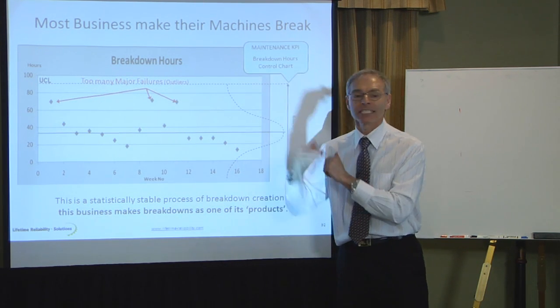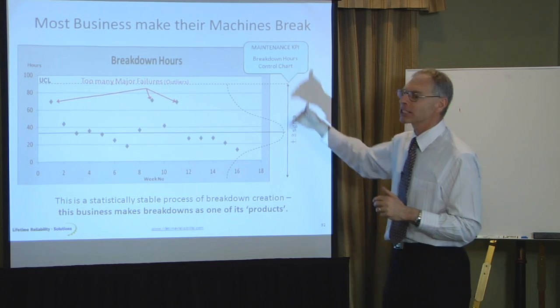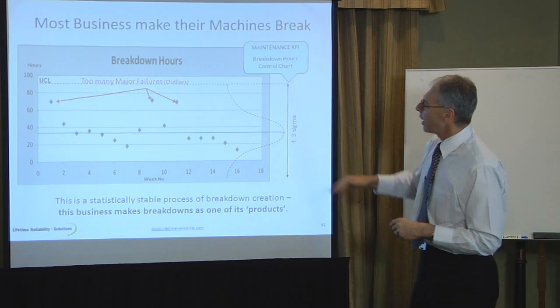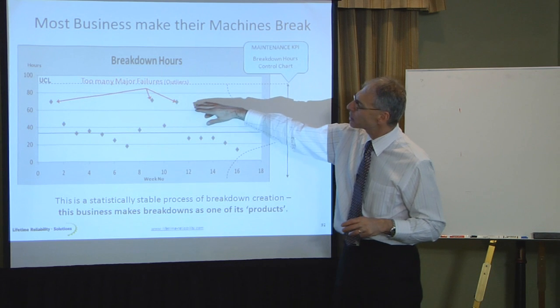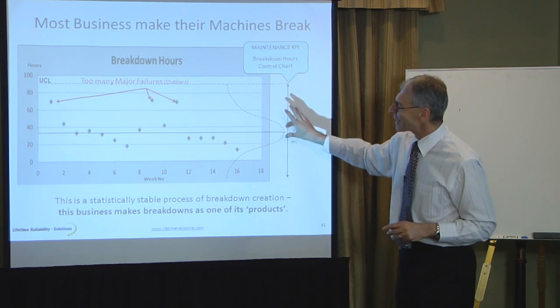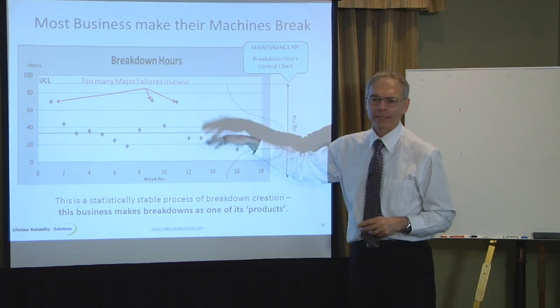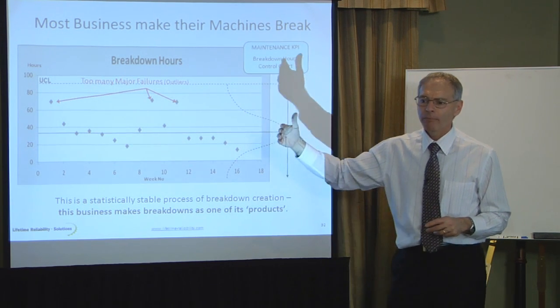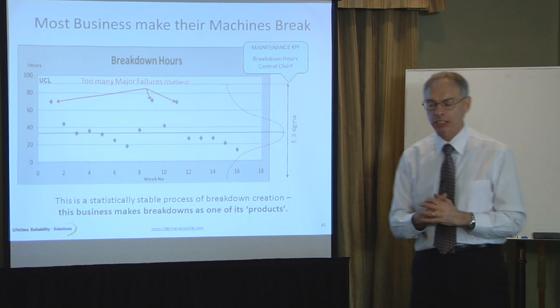The business runs that way all the time, and it is making its own failure rates. And in this case, the worst hours are well within the 3 sigma boundary, and that tells me that this will always happen in this company forevermore, because this is the result of the way the company runs.